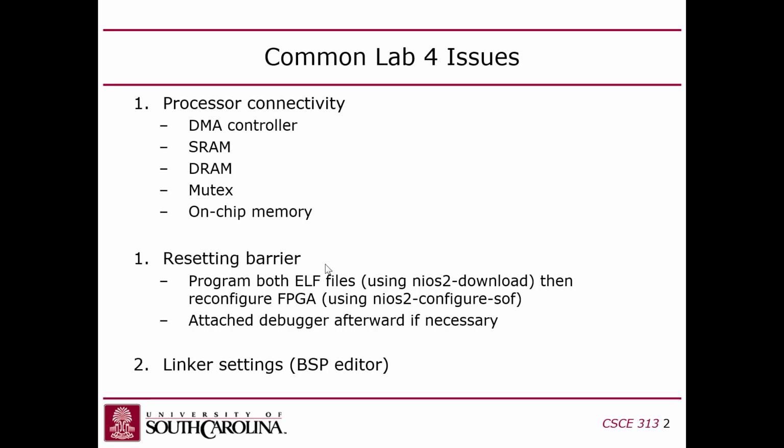Okay, number 2, resetting the barrier. I didn't get much of a chance to describe how that worked. The barrier works by associating a counter for each CPU in the on-chip memory.